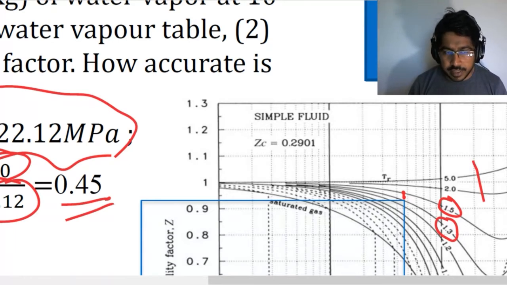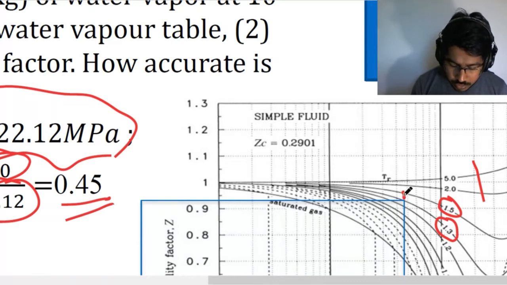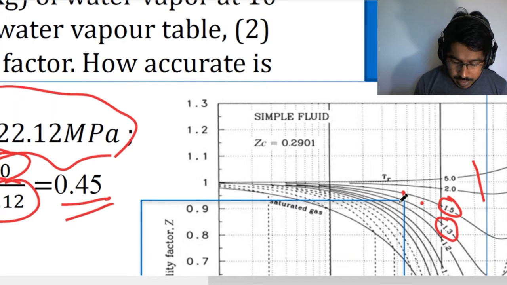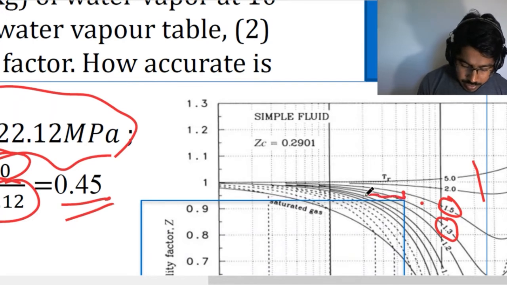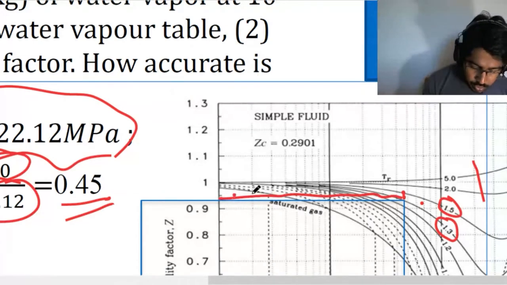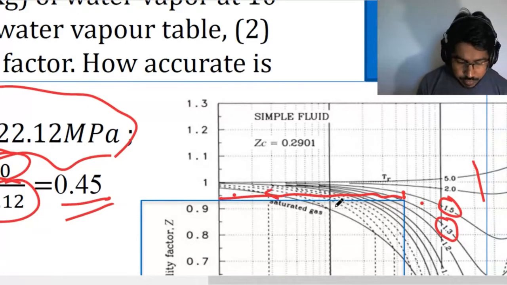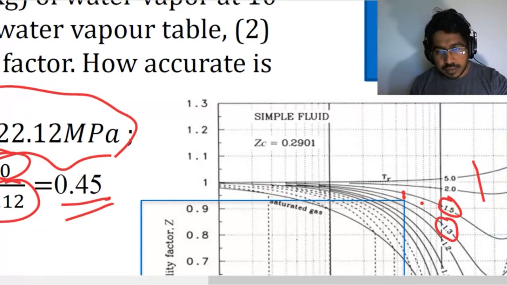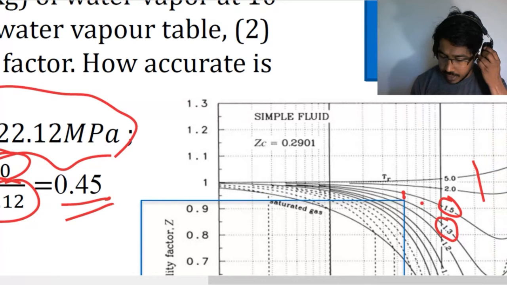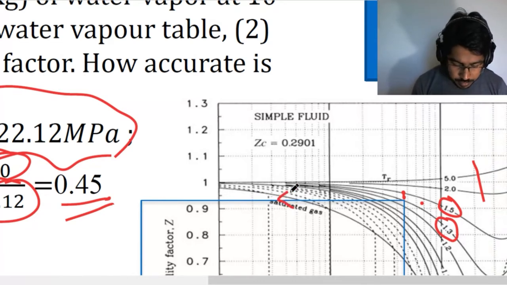If you are very keen on making it more accurate, you can do some linear interpolation and divide this line section into 4 and then get your line like this. Or in this situation, I would round it to the first decimal point, and from the first decimal point I can go to the compressibility factor.